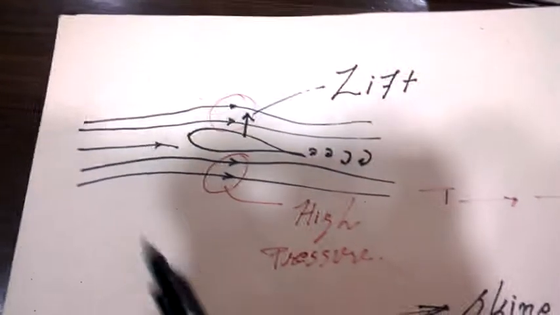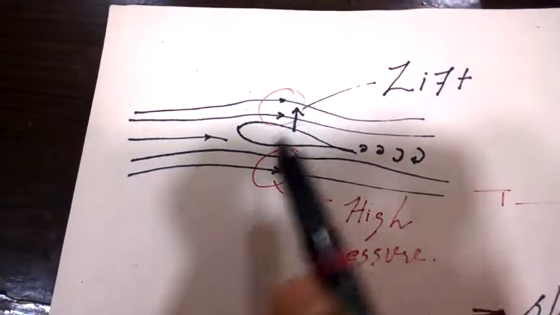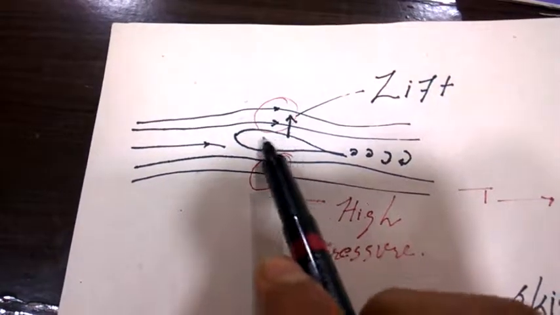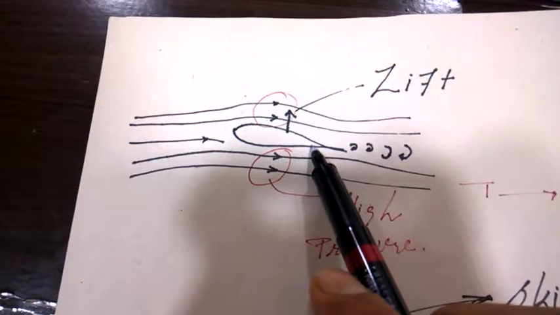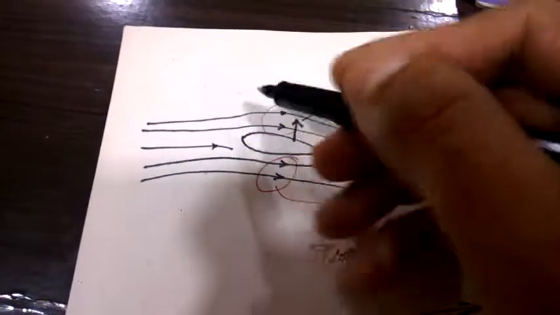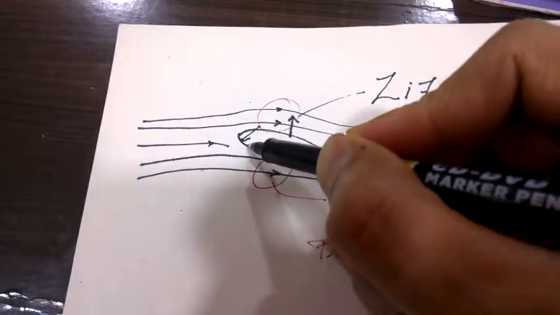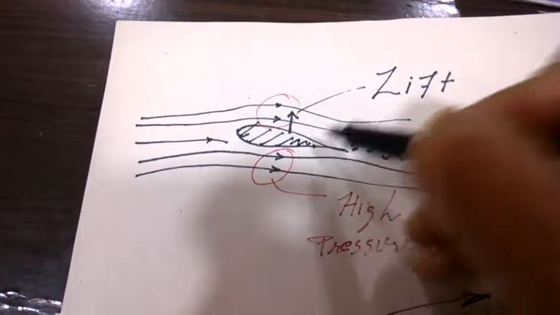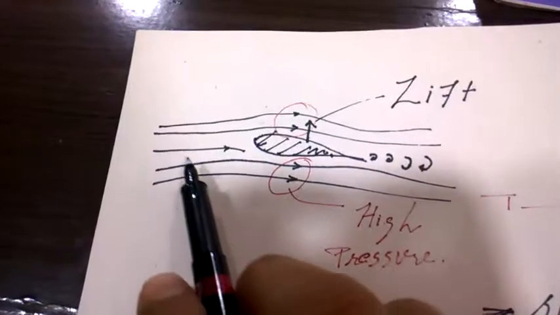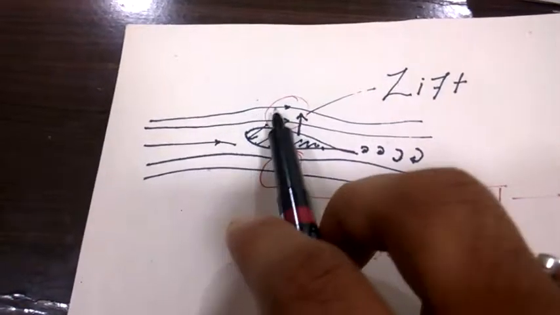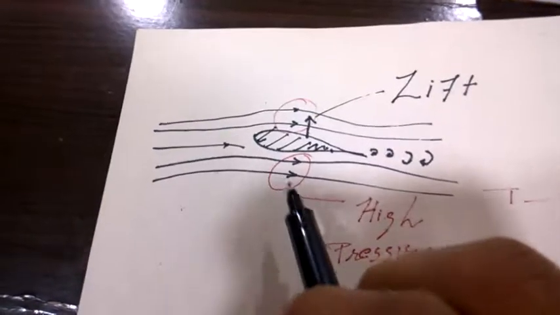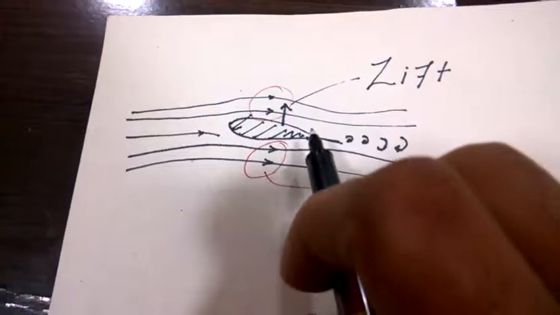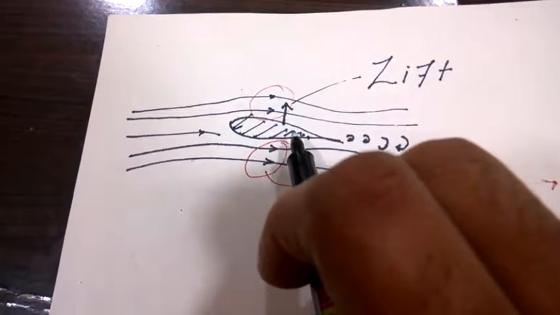If you have airflow passing through a specific shape that we call an airfoil, what happens when the air or any fluid flows over this shape?